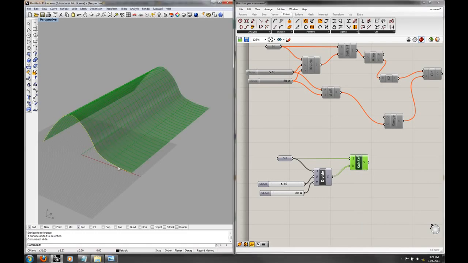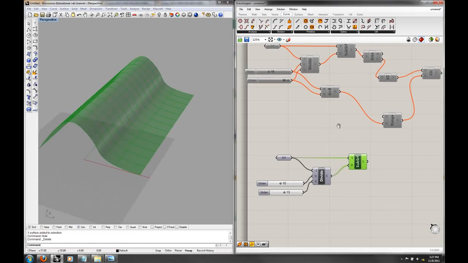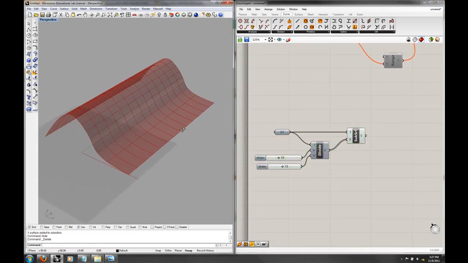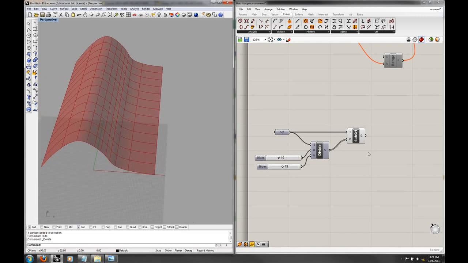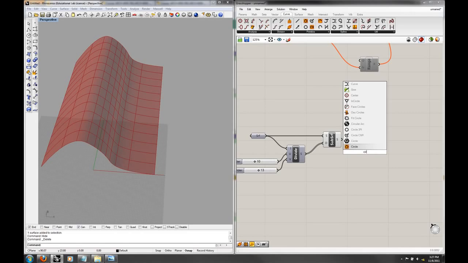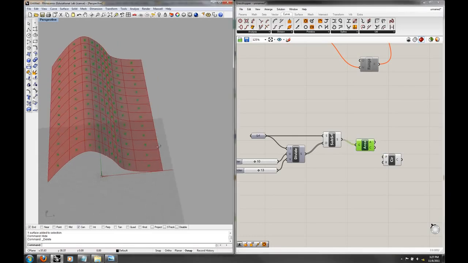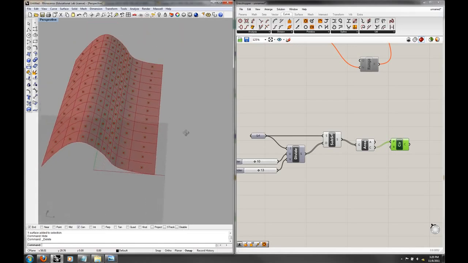I've got a set of divisions in this surface that I can change parametrically. And what I'm going to do with that is distribute some circles to it. So take a circle, and the way I showed you was you go in and take area, and you get a nice happy center point. And if I apply my center point to the circles, it looks pretty good from up top.